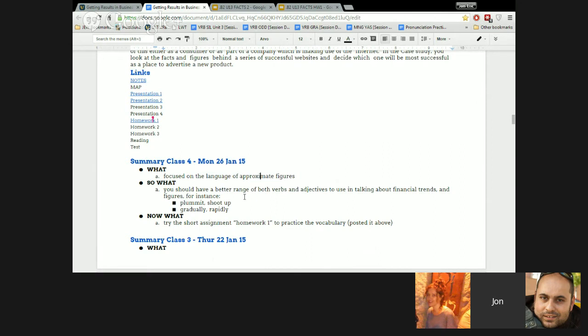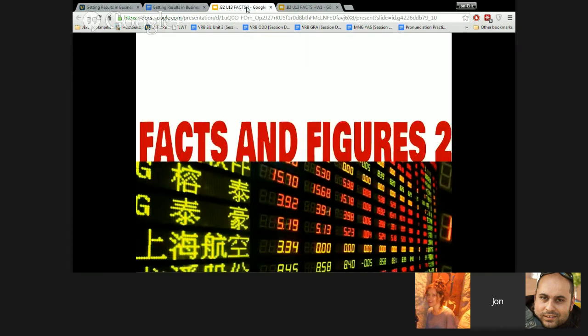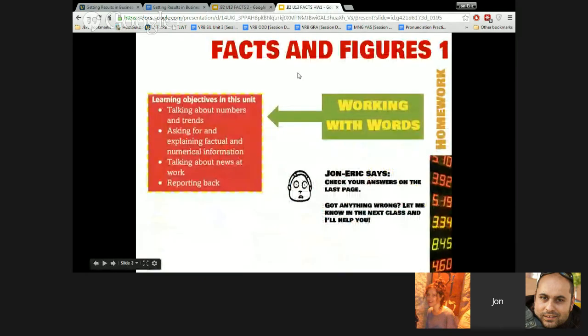Well, you should have a better range of both verbs and adjectives to use in talking about financial trends. Plummet, shoot up, gradually, rapidly. Now what? The now what to do was to try a short homework to practice the vocabulary, and it's posted above in homework number 1. I can take a quick look with you. As always, you can check your answers on the last page and then bring your questions to class.